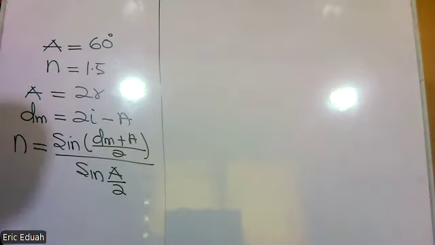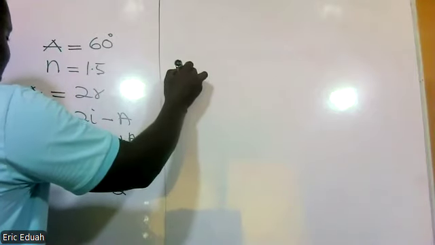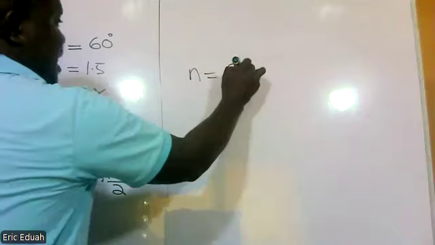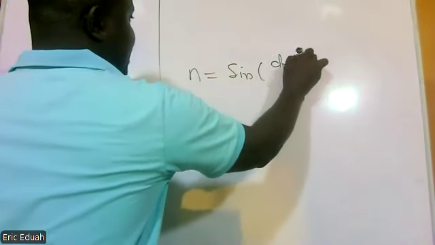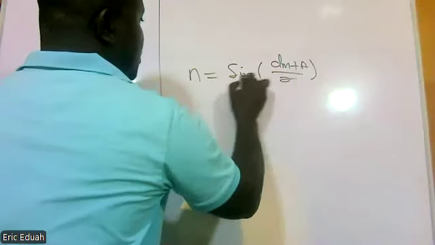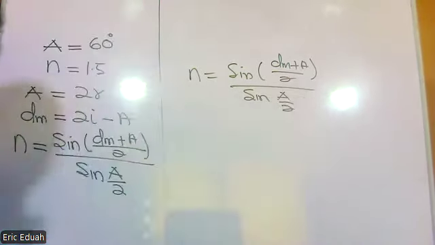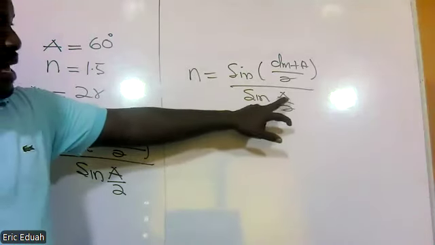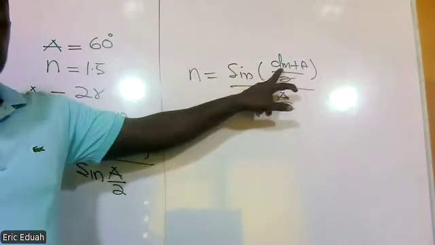Okay, so if sine n is equal to sine of (D minimum plus A) all on 2 over sine of A on 2, and we have A, we have n, then we can easily find dm.